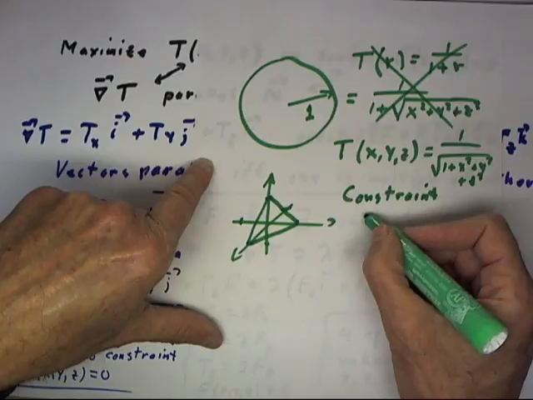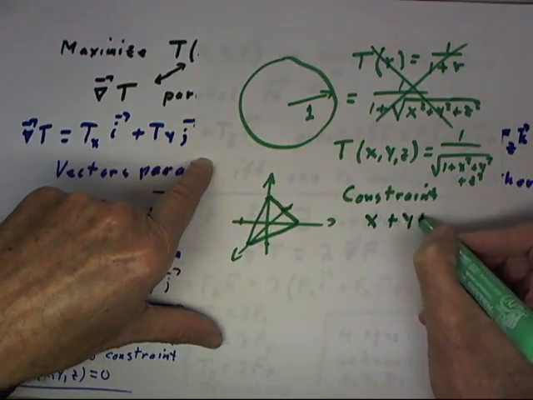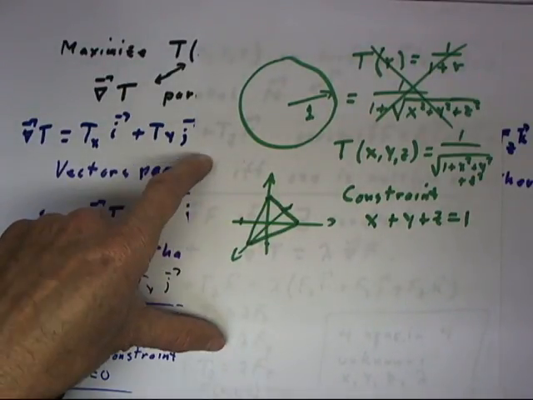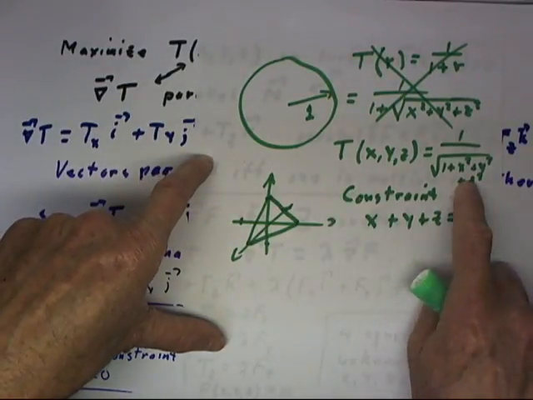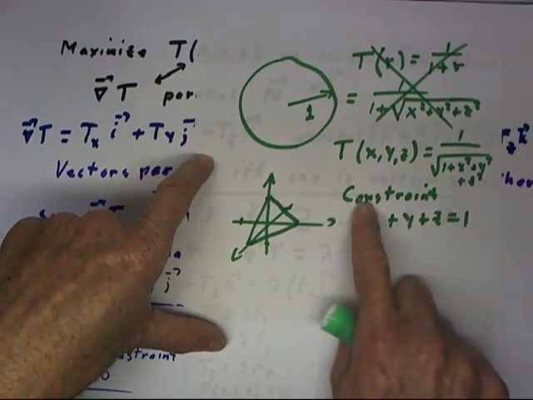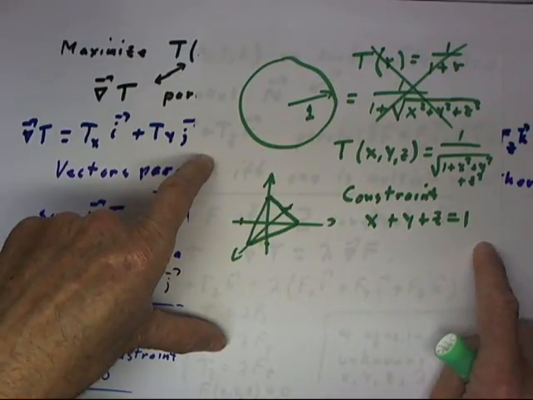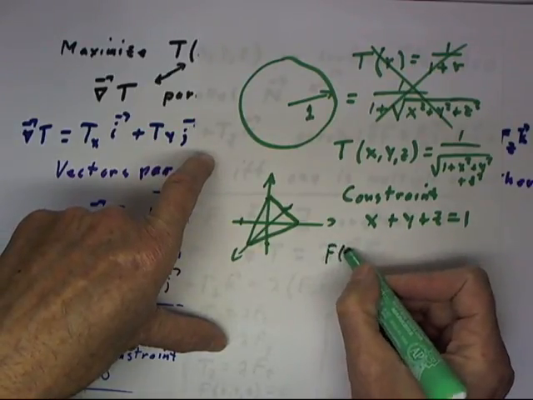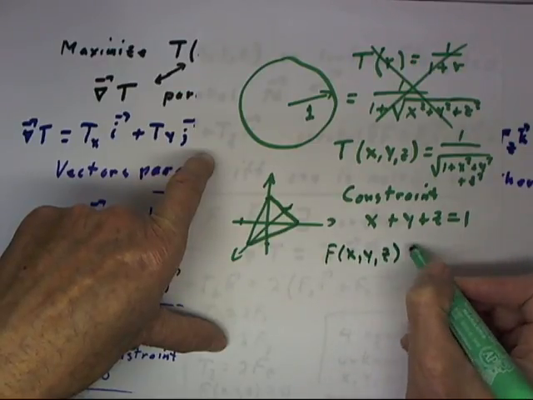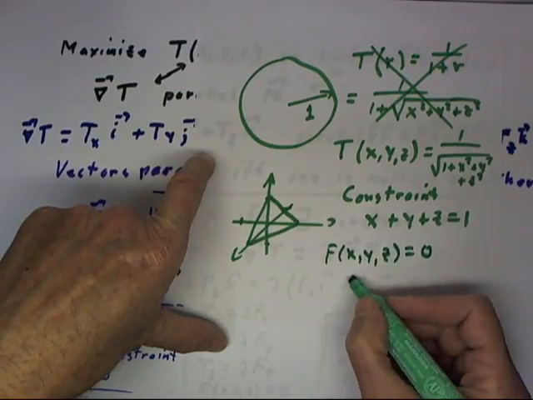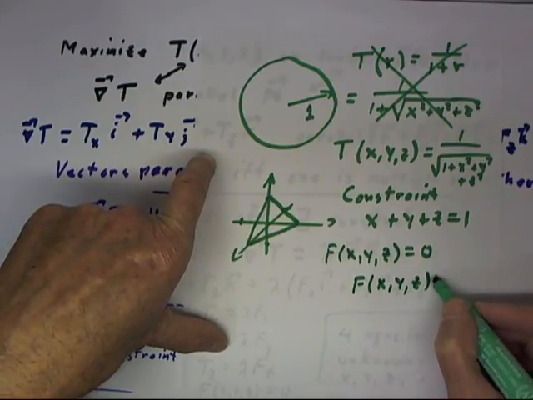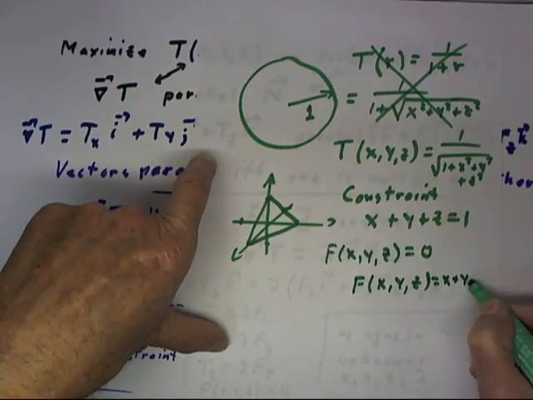Now that plane is x plus y plus z equals 1. So we're maximizing this expression subject to this relatively simple constraint. Now, this constraint is of the form f of x, y, z equals 0, where f of x, y, z is x plus y plus z minus 1.